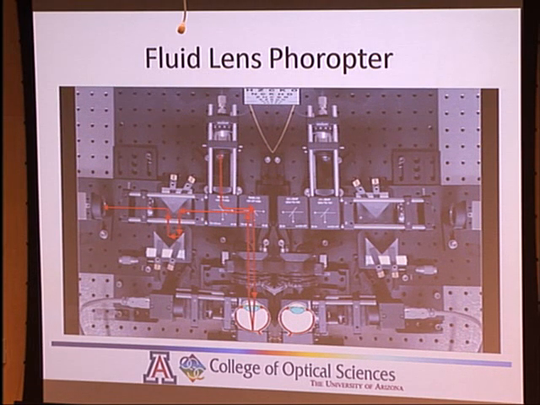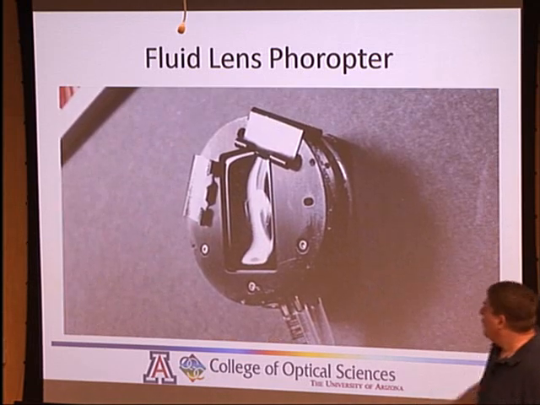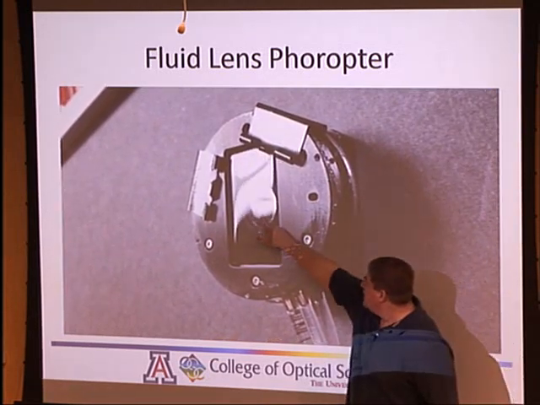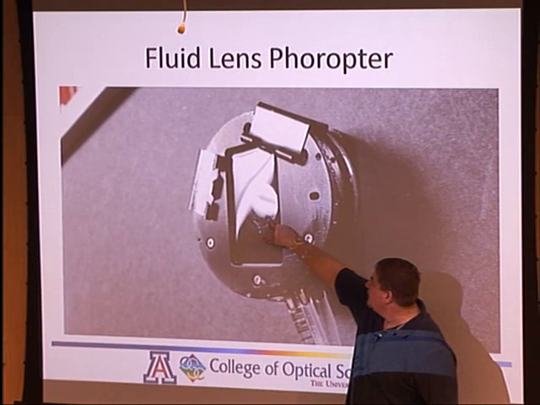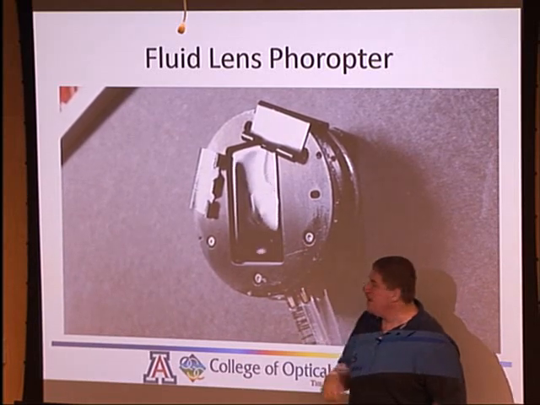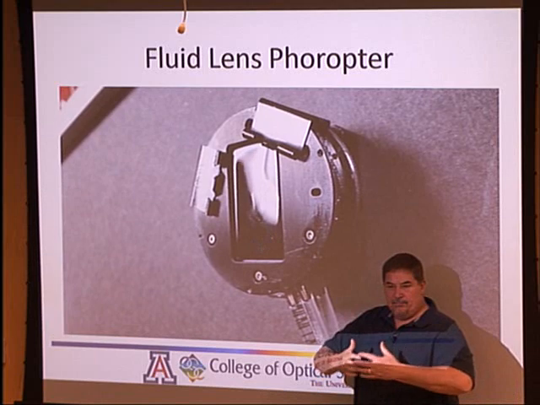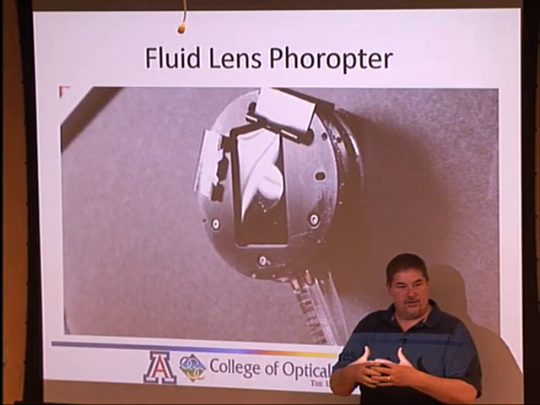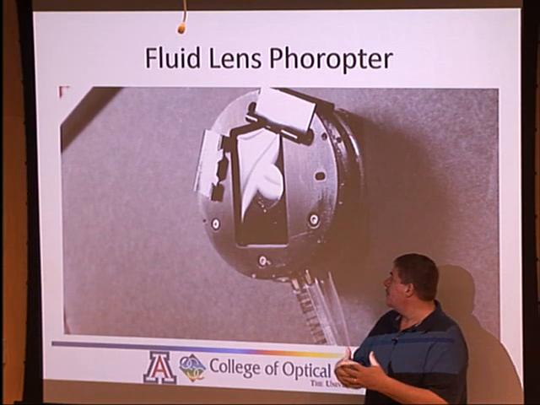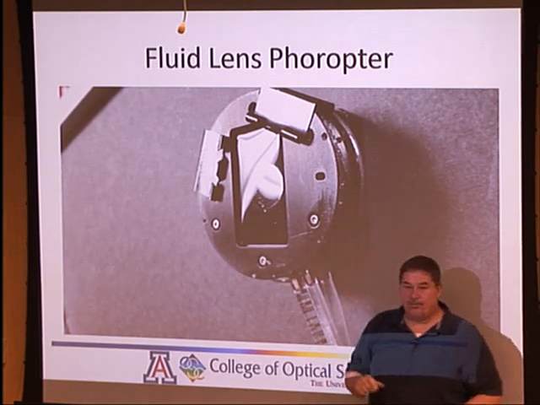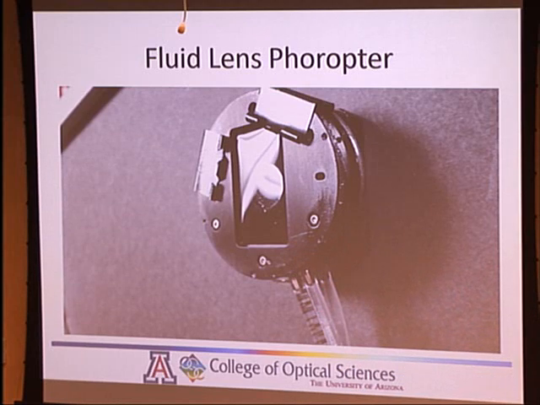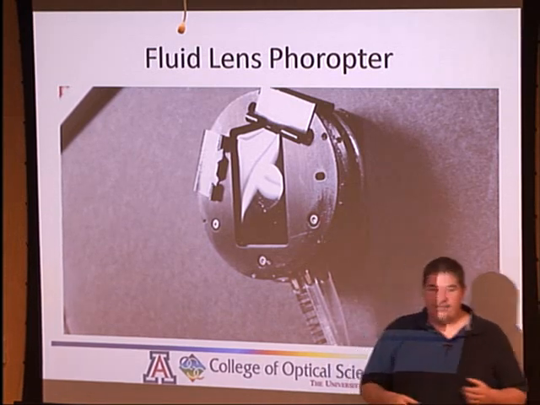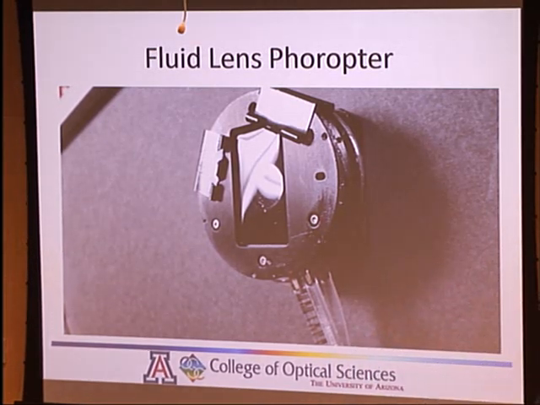What we use are these deformable lenses. This is a fluid-filled chamber with a PDMS polymer surface, and as we pump fluid into it, it deforms the shape of that surface and changes its power. We have a stack of 3 of these. One of them has a circular aperture, and it corrects for your spherical power.